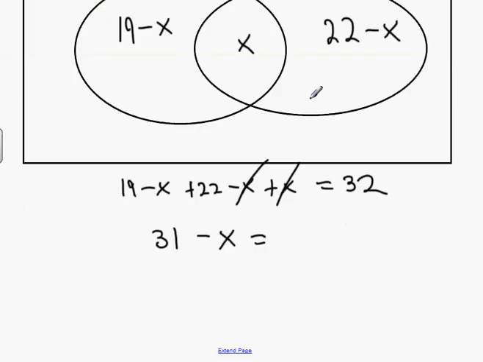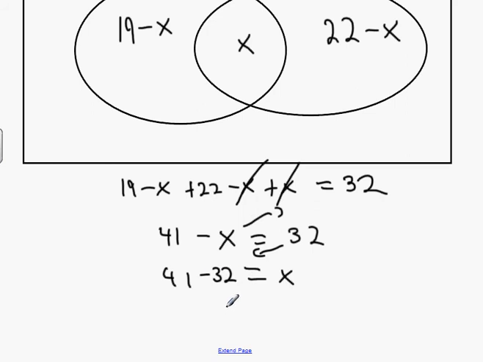The X's cancel, and then you're going to get 41 minus X equals 32, because 19 plus 22 is 41, not 31. What number when you take away from 41 gives you 32? You can bring the X over to the other side, bring the 32 over, and you get 41 minus 32, which is 9.